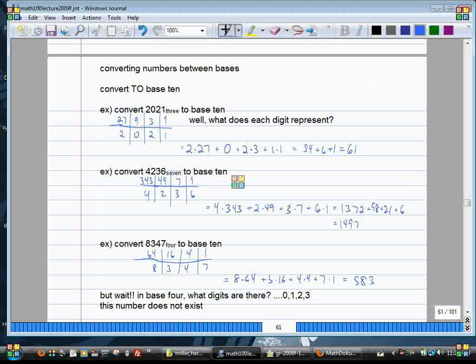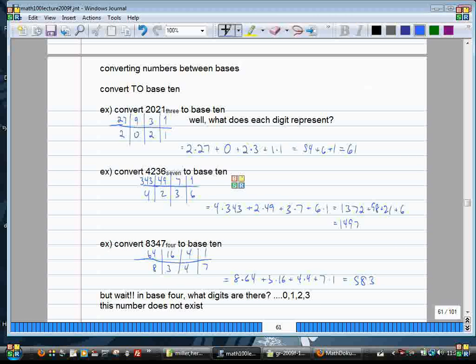Am I allowed to do that in base 4? No. Some of those digits don't exist in base 4. Like 8, 4, and 7. Exactly.